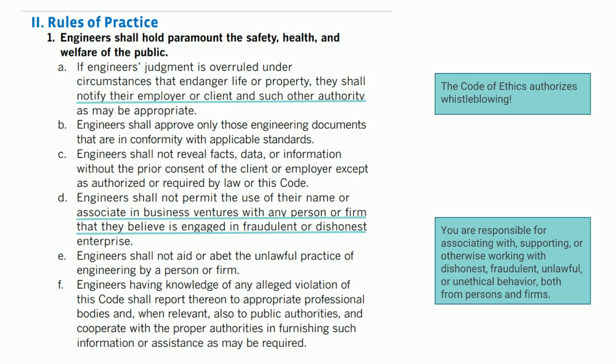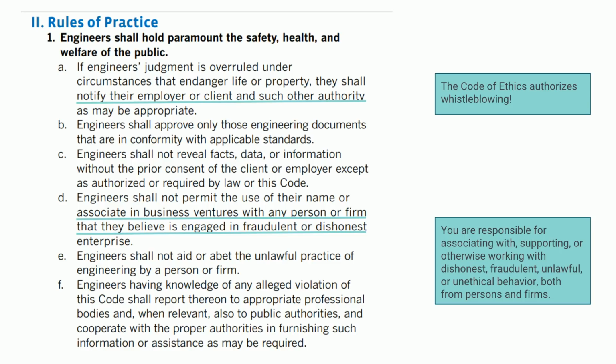Even if your business with that firm doesn't involve any of the regulations or safety violations that firm is engaged in, if you know them to be engaged in that unlawful or unsafe activity, then you have an obligation to disassociate yourself from the company, in order to make sure it's clear that you're not associating with fraudulent activity.